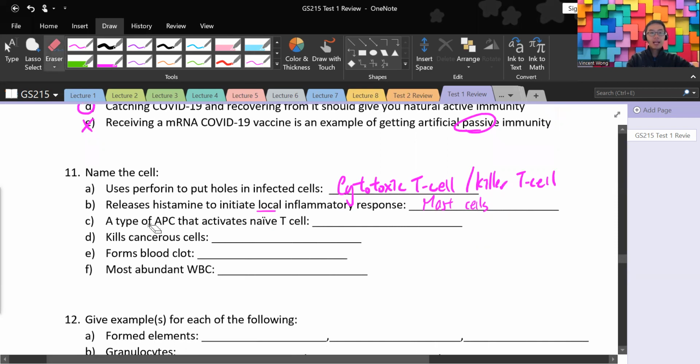A type of antigen presenting cell that activates naive T cell, that would be macrophage. Kills cancerous cells, that would be NK cells.